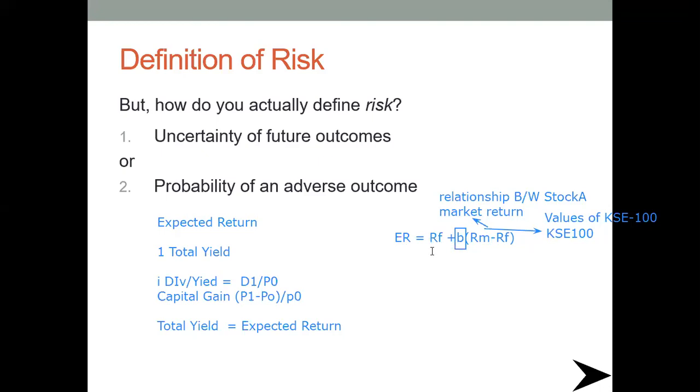So now let's talk about the risk-free rate of return. That is your minimum rate in a country. That minimum rate in a country means it's our PRIBOR. That PRIBOR is around 7% right now. So that is our risk-free rate of return here.